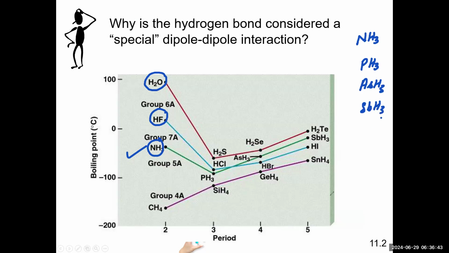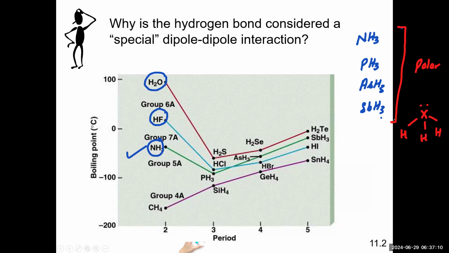If I ask you to compare their boiling points, remember what these are? All of them are polar. All of them are trigonal pyramidal, if you remember. The element is here, then it has 3 hydrogens like this. They all have one lone pair here.